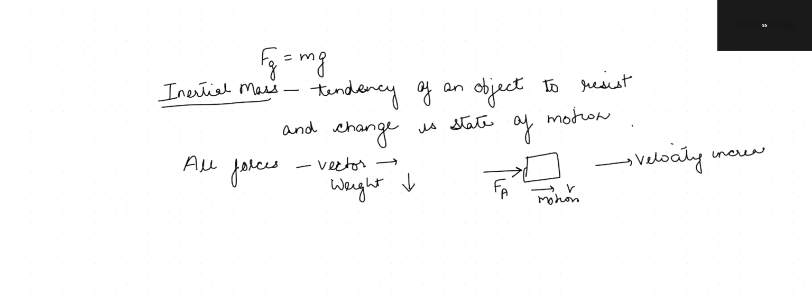Okay. And if the net force is in the opposite direction to the motion, suppose this is the direction of motion or velocity, and the force applied is in the opposite direction, then the velocity decreases.